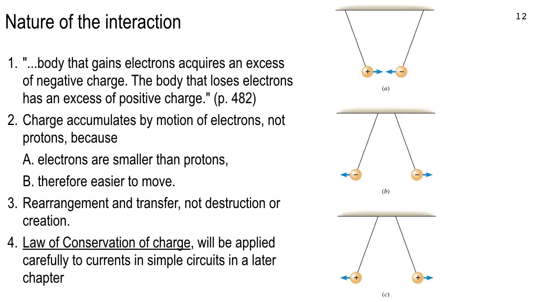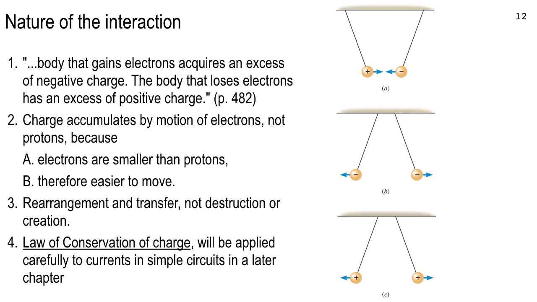The law that we have for that is this one: the law of conservation of charge. And it's in chapter 18. You can read about it there. And we actually will be applying that in a very practical sense in the chapters on circuits.